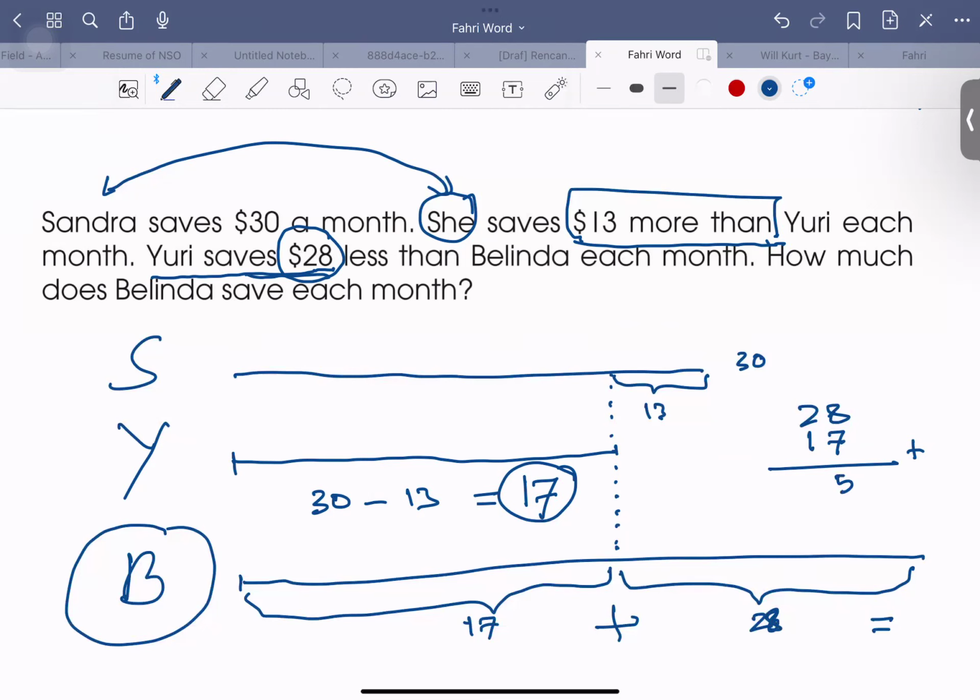Yes. 5, carry over 1 here. So 1 plus 2 plus 1? 4. $45 a month. So Belinda saved $45.